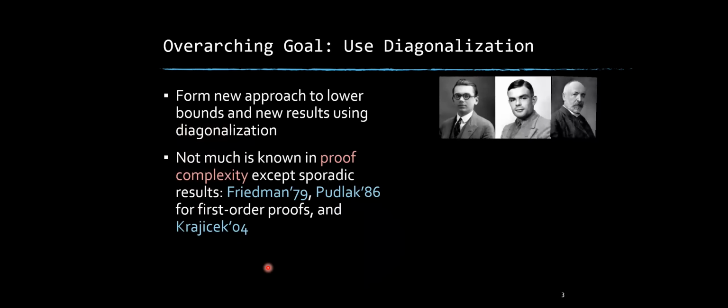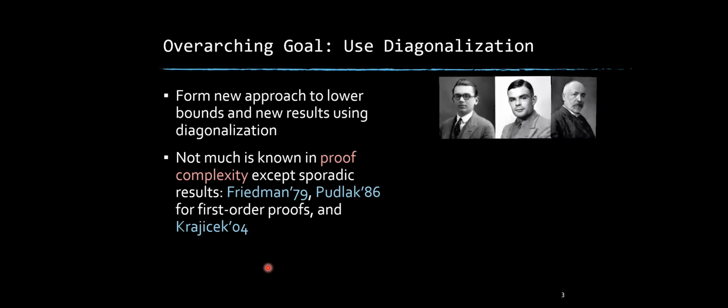And specifically, the overarching goal for us will be to try and use diagonalization, this old traditional technique from set theory that was used in computability and in proof theory and logic, and also to a certain extent in complexity theory, to use it in new ways in the area of proof complexity.